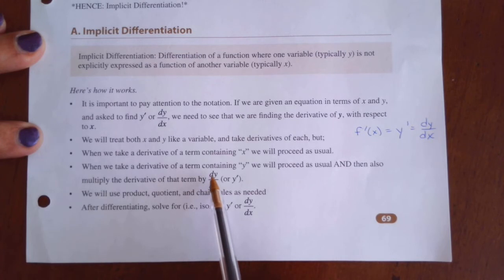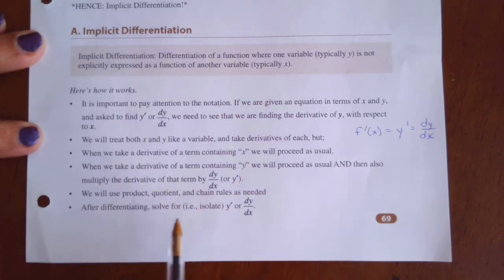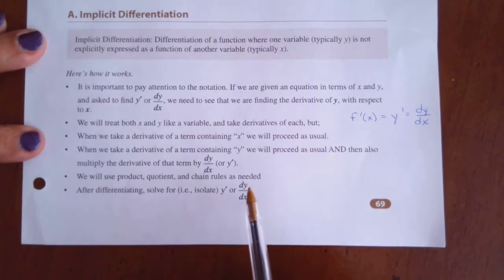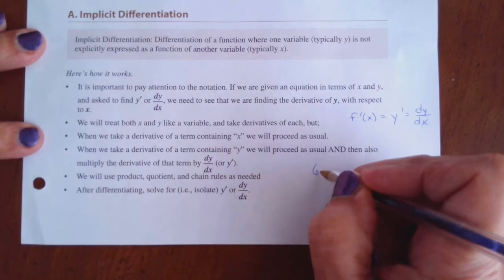So we have to take the derivative of y with respect to x. Product, quotient, and chain rules still apply. And the whole point is that once you finish taking the derivative, you're going to solve for dy dx.